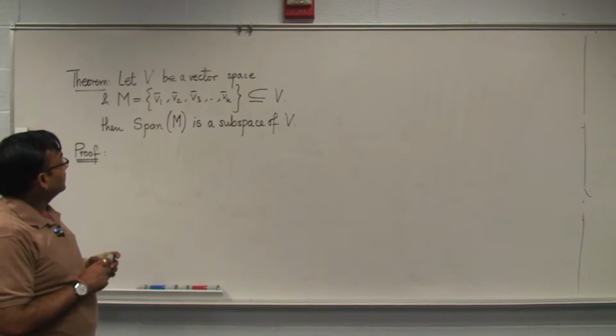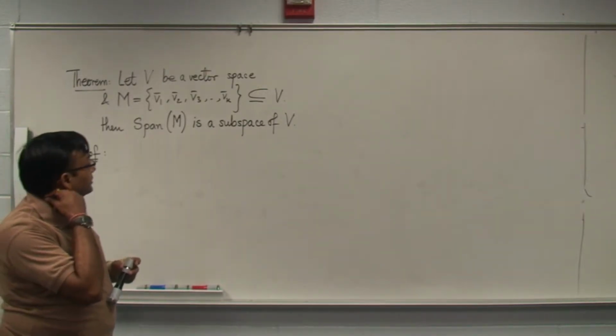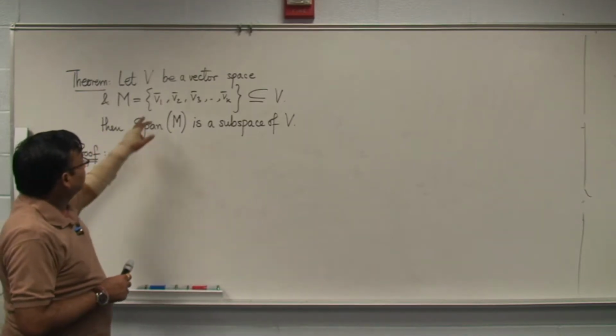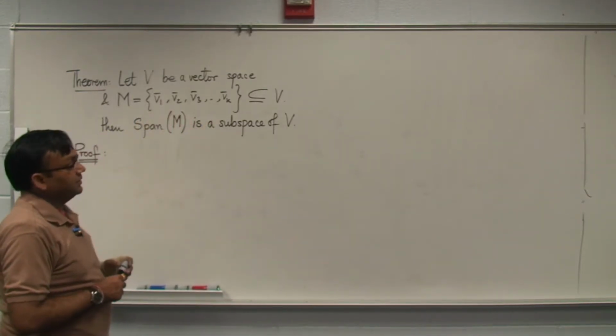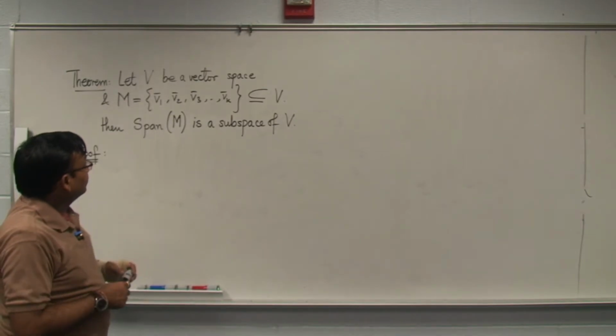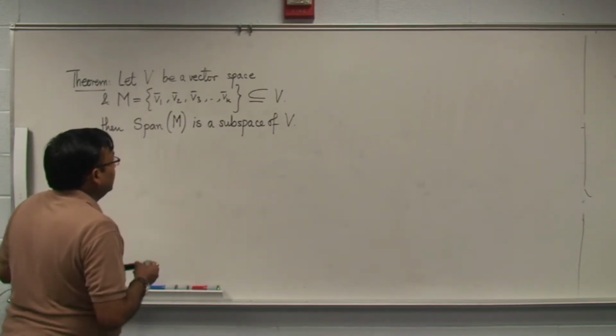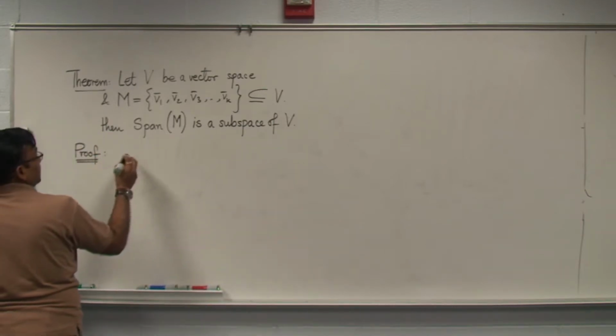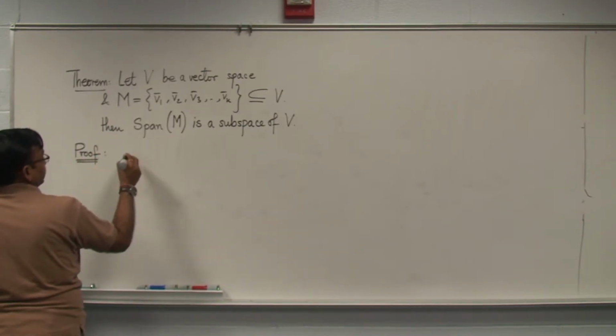And you will see that the statement here is a bit more general than the pattern we were seeing. If you look at it, I never assumed that these vectors are linearly independent. That means the result is even true if the vectors were to be dependent. So we are making no assumptions about linear independence whatsoever, and still this would be true.